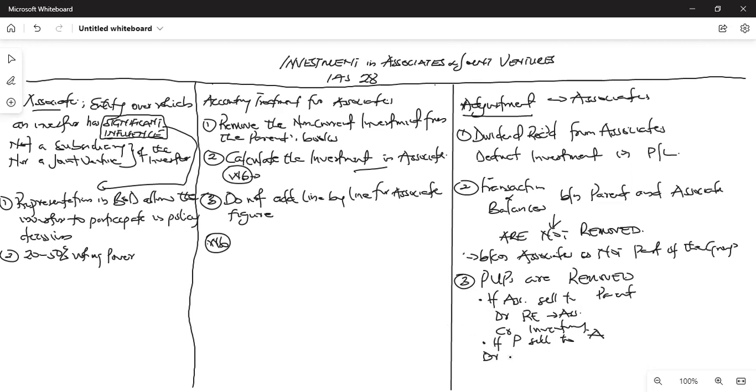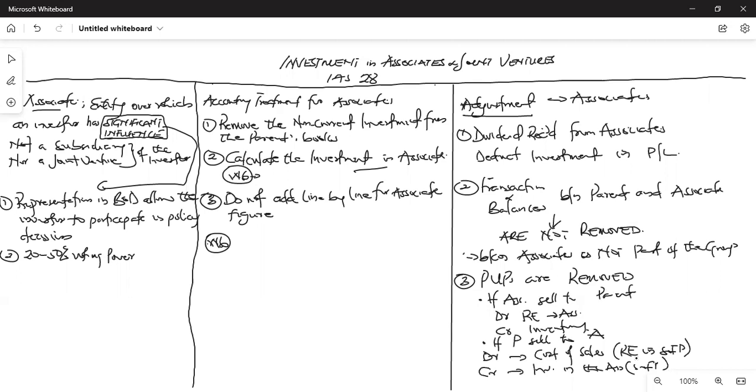The main focus will now be cost of sales, which in turn affects the retained earnings in the SOFP. The credit, however, is the investment in the associate. And that one is in the SOFP, the statement of financial position. So that is what happens.